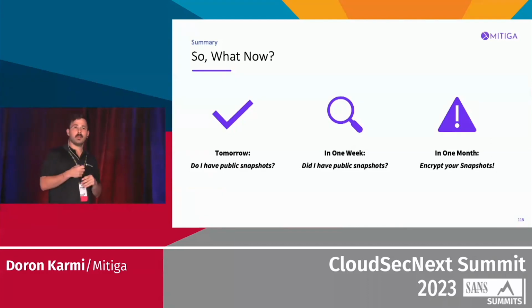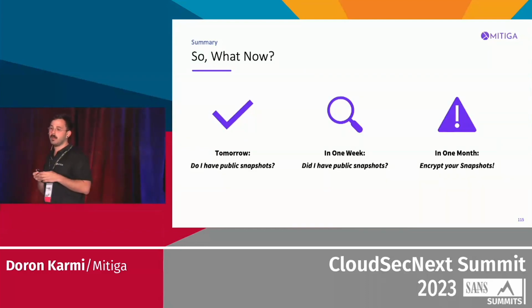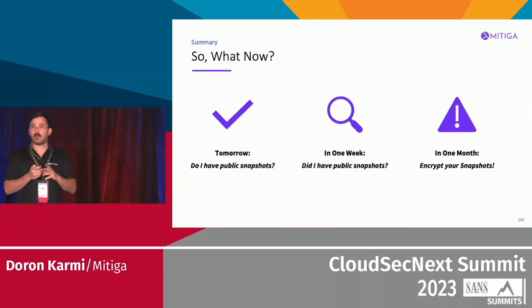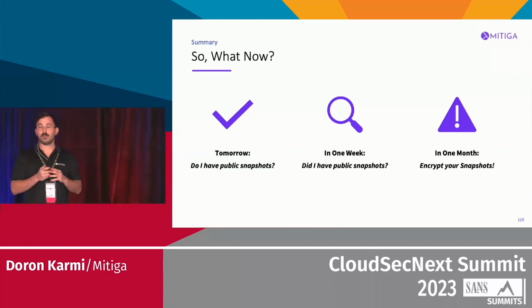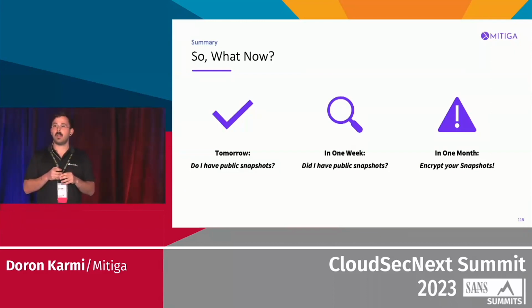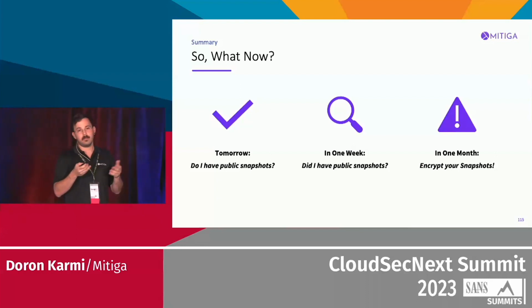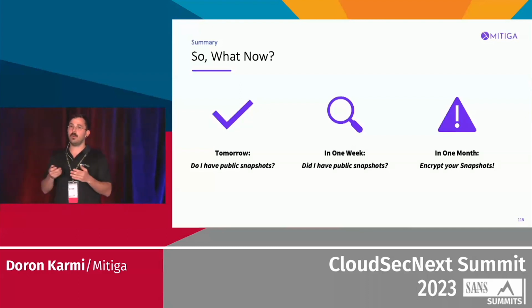In one week, access your CloudTrail logs, filter for the ModifyDBSnapshotAttribute event, and check if you had a public snapshot. And in one month, try to mitigate the risk. We recommend you encrypt the snapshot with a KMS key, so even if someone tried by mistake to share it, they won't be able to do it.